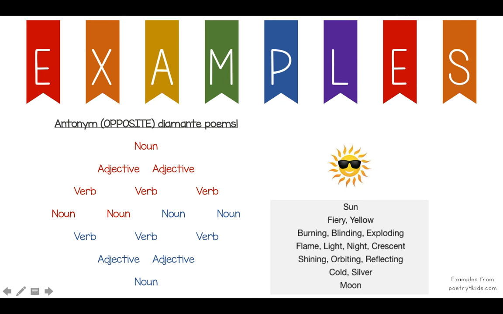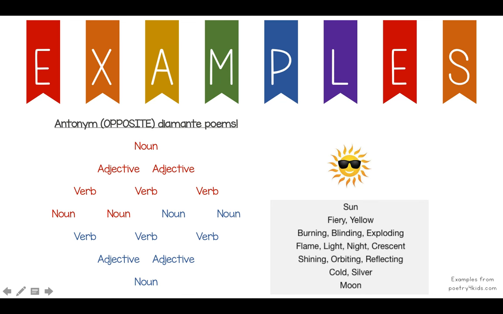So this noun that you start with, you're going to have 2 adjectives that describe it, 3 verbs, 2 other words that relate to it, but then you're going to switch, and you're going to think of 2 words that are the opposite of it, and then 3 verbs and 2 adjectives for your opposite one. I know this seems really confusing.